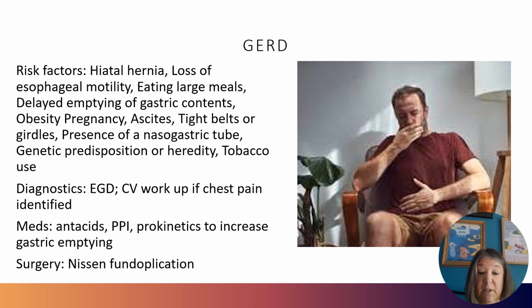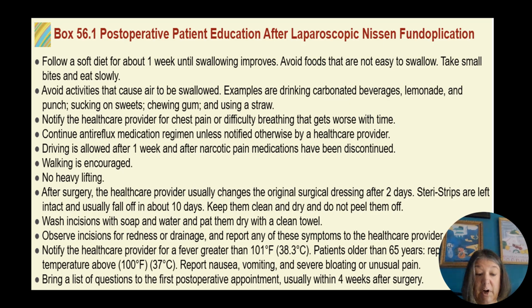So if our person, you know, their problem is eating large meals, right? If they just can't seem to stop eating large meals, you're going to put them on a prokinetic, which helps the stomach digest a little bit faster. And then again, with our GERD, our surgical intervention would be the Nissen fundoplication.